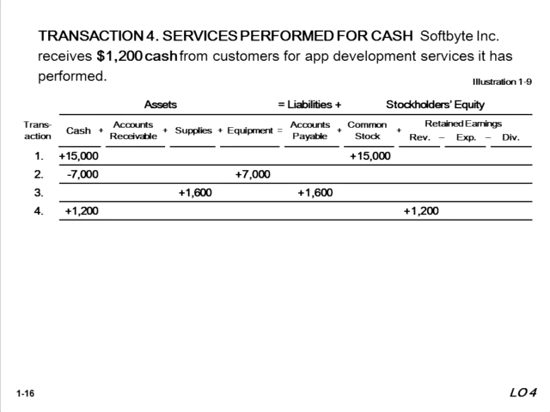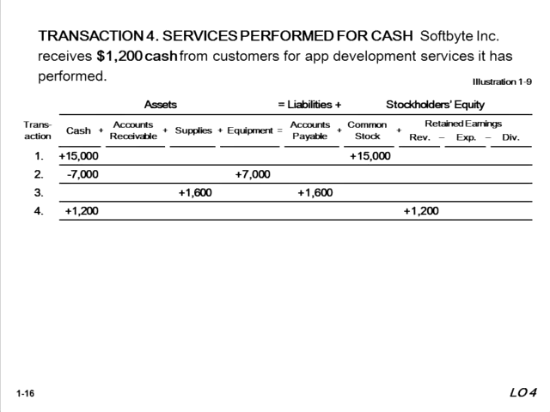All right, so now SoftBite Inc. receives $1,200 cash from customers for app development services it has performed. All right, so they receive cash. When we see receive, cash is coming in. We're going to increase cash by $1,200. And what they did was they provided a service for customers, so revenue will go up.